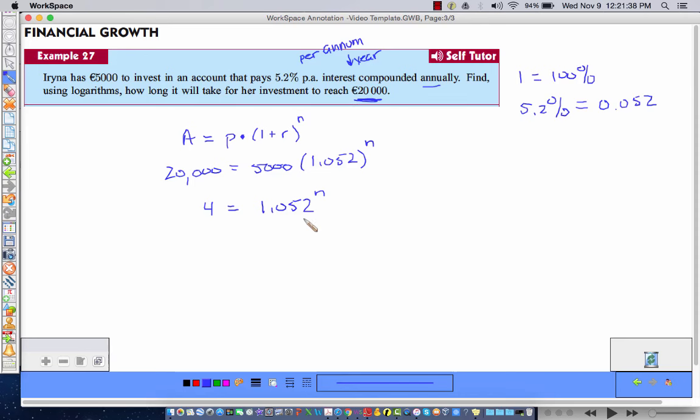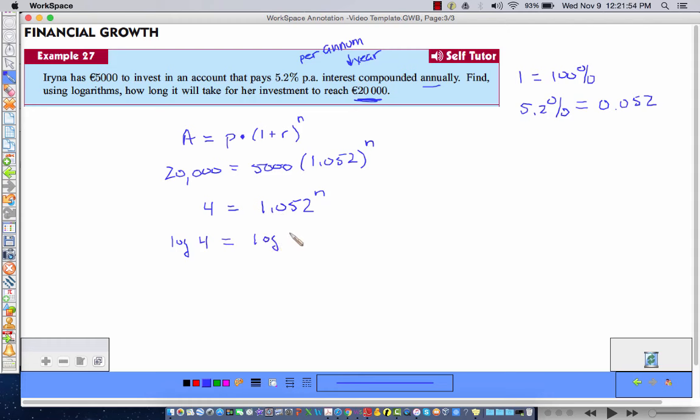And let's see, let's go ahead and take log base, well, I'm not going to do that. I'll just go ahead and take the log of both sides. What I was thinking is, well, I can make it a base 1.052, but that's weird.